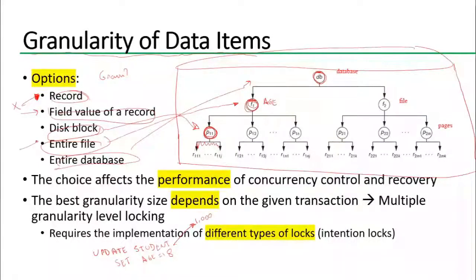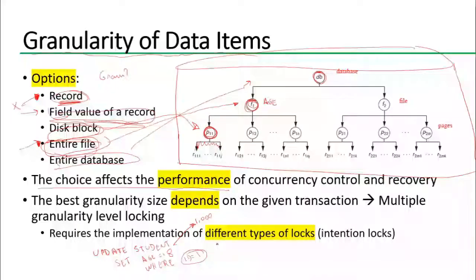So in this case, the database automatically selects the most appropriate lock. It could be either the entire record or just a lock on this particular attribute that will be updated. So the choice of the grain here affects the performance of the concurrency control.